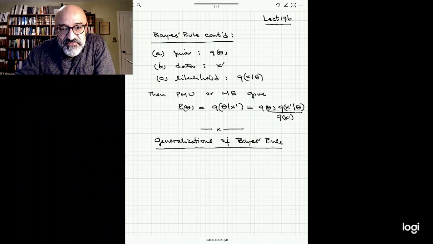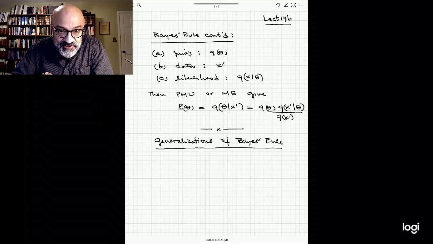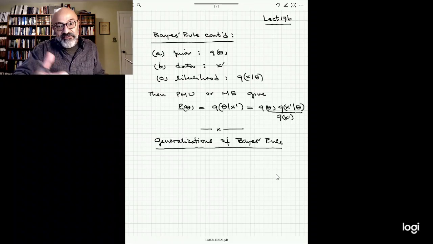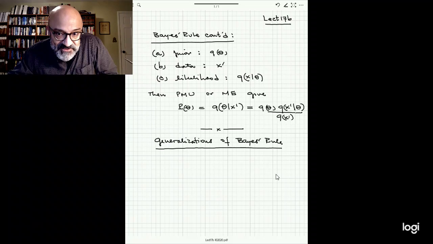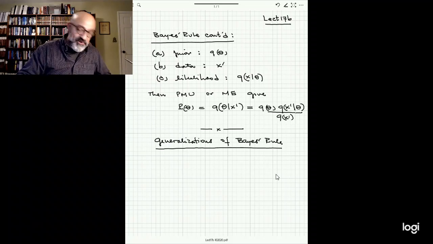Or what if the information about the likelihood, the relation between x and theta, is supplied in other ways. So you can appreciate that under those circumstances, you're going to get something that smells like a Bayes rule, but with differences. So I'm not going to go over all of these. I'm just going to cite a few examples. I'll let you do a couple of them for homework.